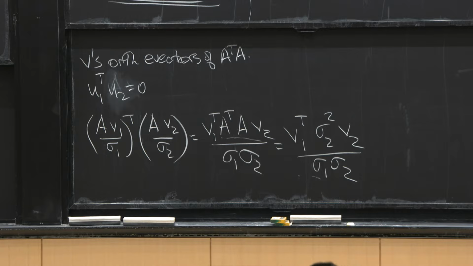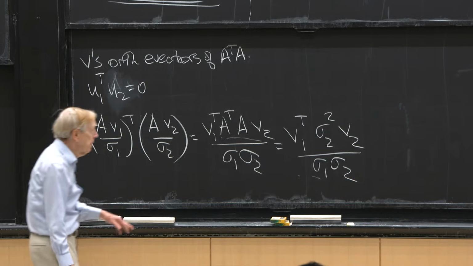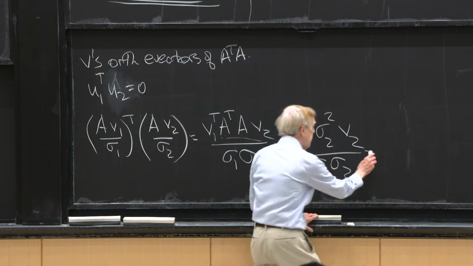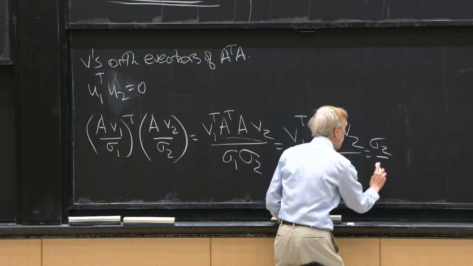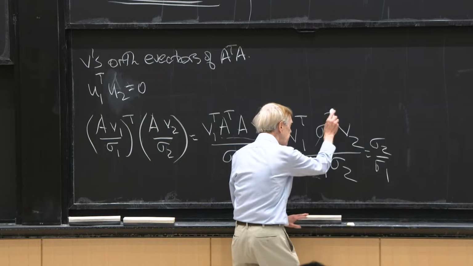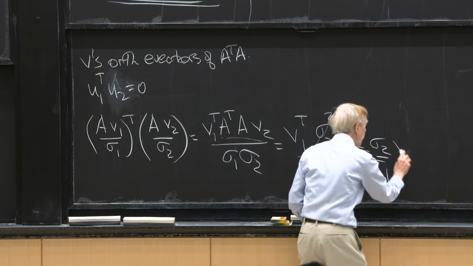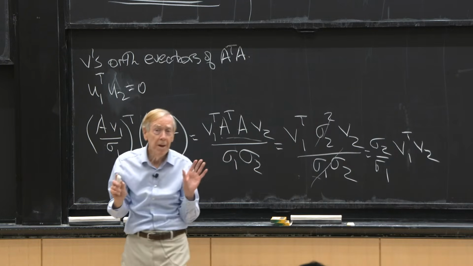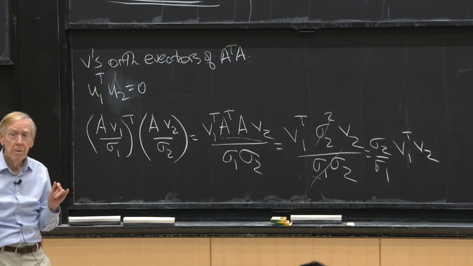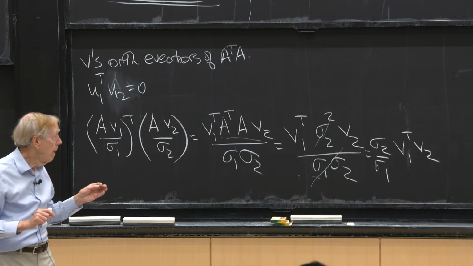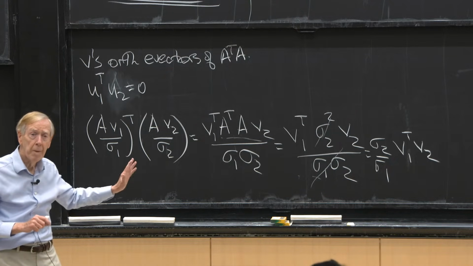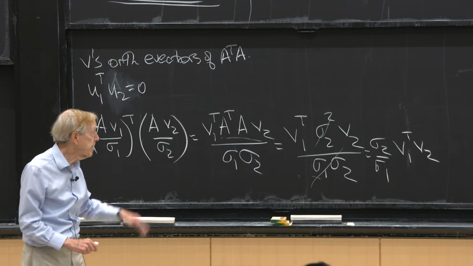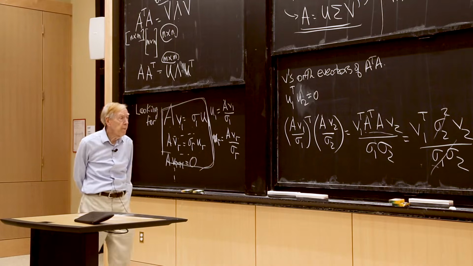So the A's are out of there now. And so I've just got these numbers, sigma 2 squared, so that would be sigma 2 over sigma 1, I've accounted for these numbers here, times V1 transpose V2, and now what's up? They're orthonormal. We got it. That's 0.